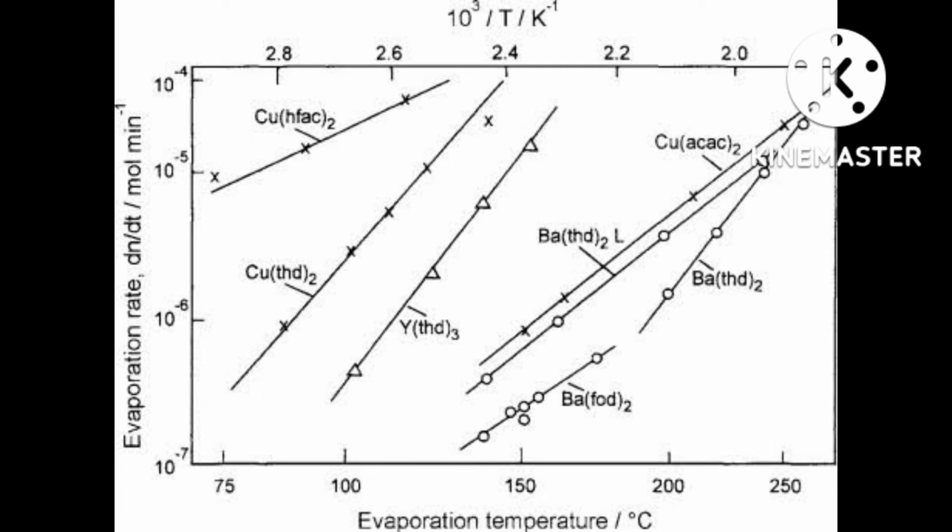Now I am going to tell about a very important term, surface tension. But here I will send one graph, then you will understand again very clearly. That graph is vapor pressure versus temperature.